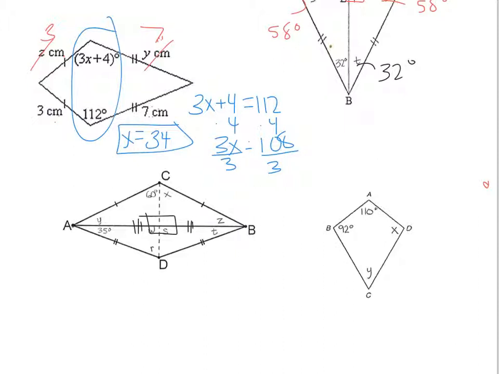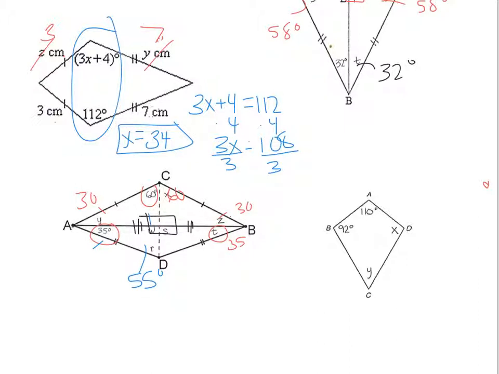Therefore, this angle is 35, the opposite one's 35. This angle is 60, this angle is 60. This one has to be 30 because this is a 30, 60, 90 right here, and this has to be 30. And then now I have to figure out R. So R is going to be 180 minus 35 minus 90. So this is 55 degrees.